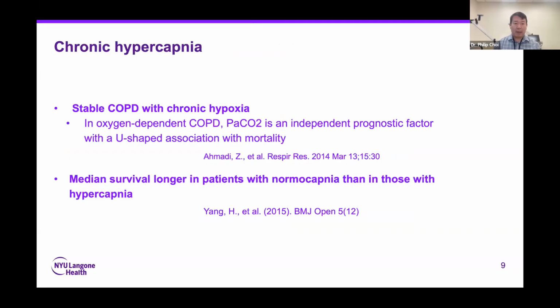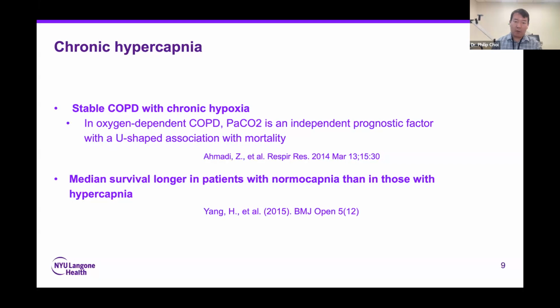So there is some data out there that shows that in stable COPD with chronic hypoxia, that's in oxygen-dependent COPD, PaCO2 is an independent prognostic factor with a U-shaped association with mortality. So if the PaCO2 is high in those patients with chronic hypoxemia, patients die more. And then also if the PaCO2 is low as well. So that normal range is really important.